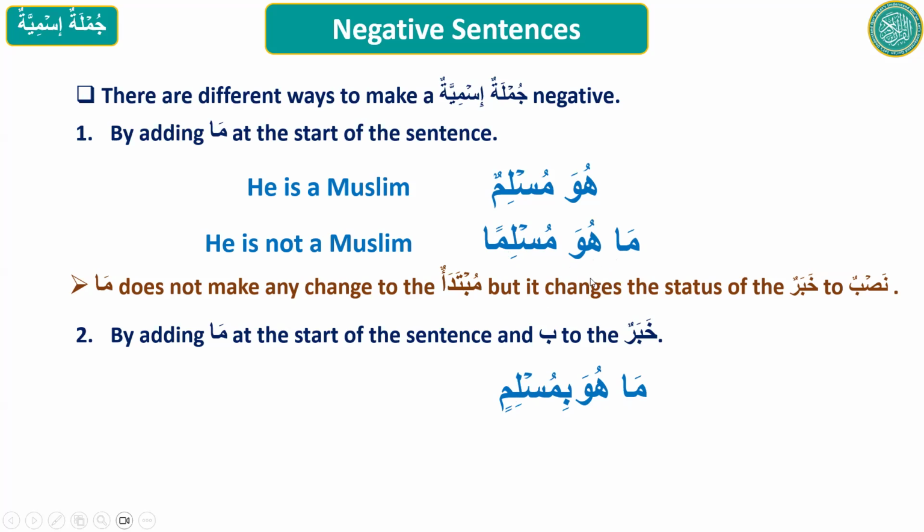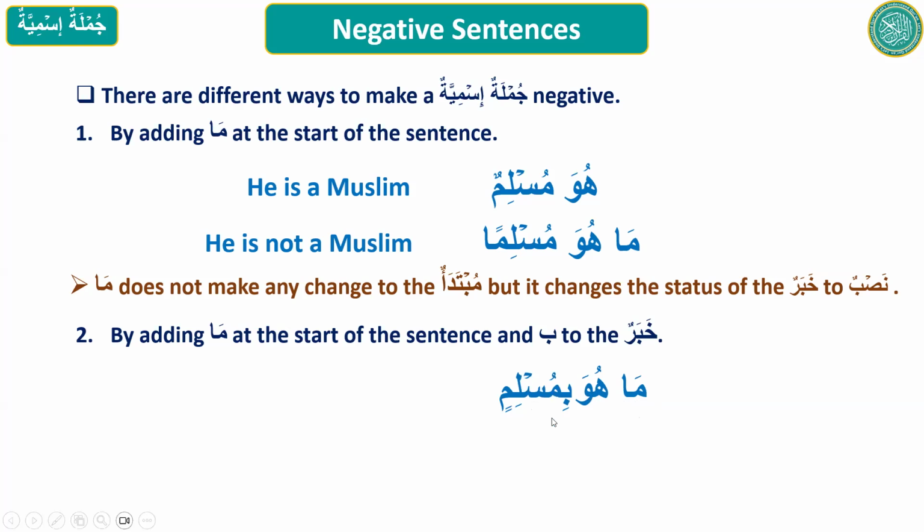So in the first case, huwa, which was the mubtada, the terminology is changed. This huwa, which was the mubtada, is called ism ma, ism of ma. And musliman is not called khabar, it is called khabar ma, khabar of ma. Ma owns them now, kind of.